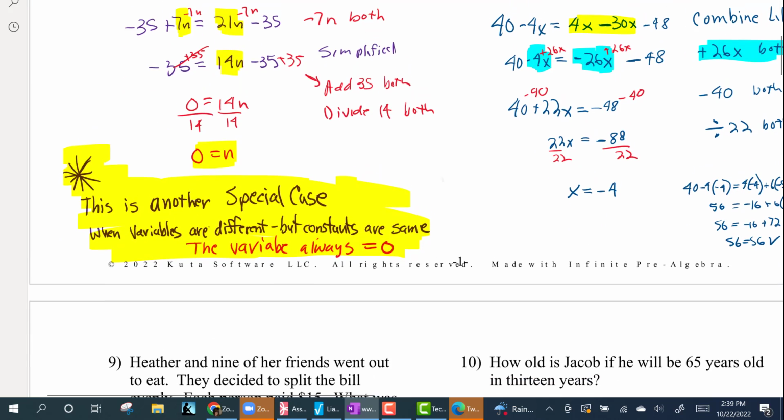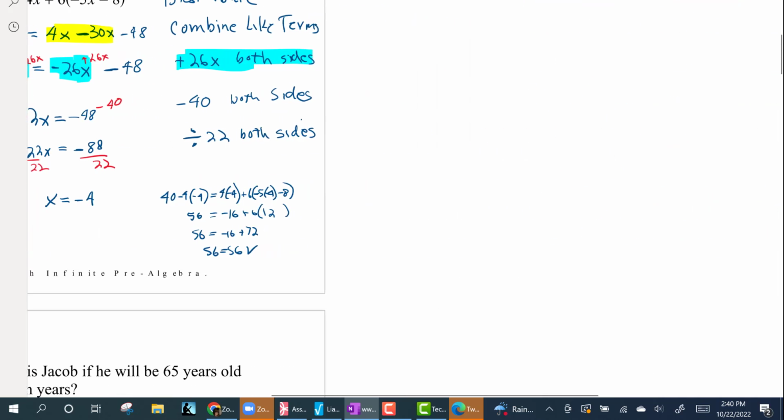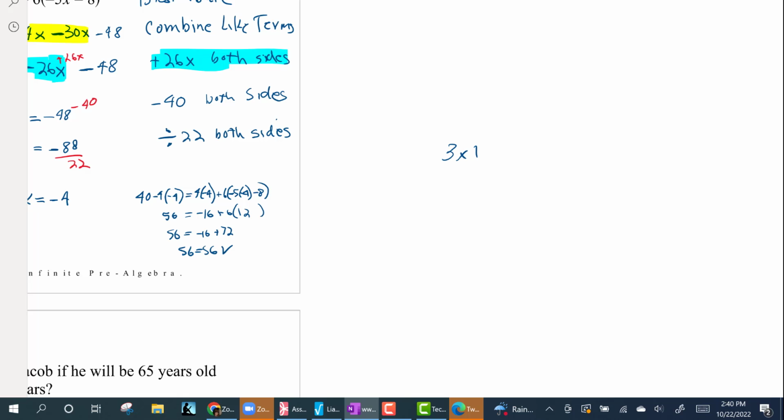Here is another special case. So far we did when variables are the same on both sides, and when both sides are the exact same, infinite. When the variables are different, or when the constants are different, no solution.